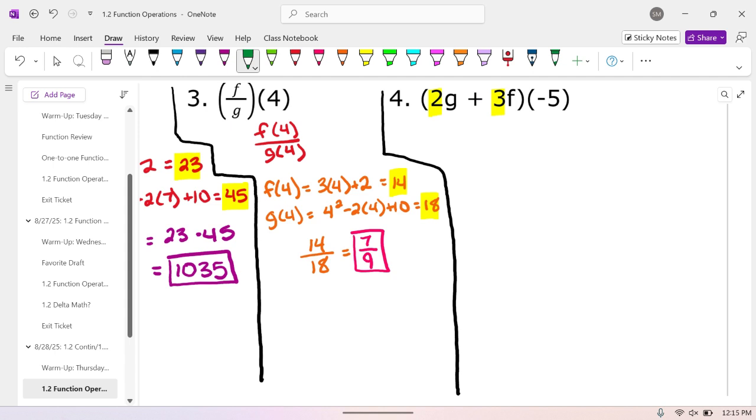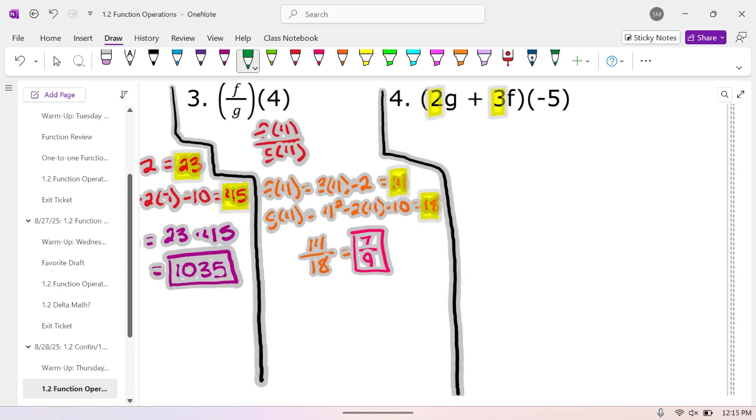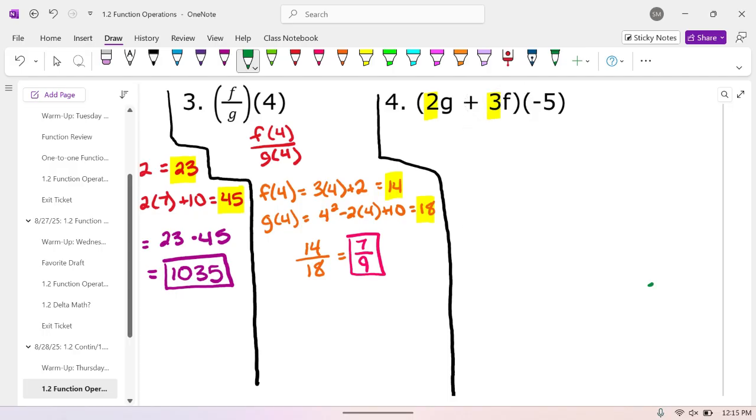So what we're going to do first is just what we've been doing, which is finding everything individually. I'm still going to find f of -5 first and g of -5 first. We're not worried about the scalars. We're not worried about the addition. We're just going to find those first. So 3 times -5 plus 2, and then -5 squared minus 2 times -5 plus 10.